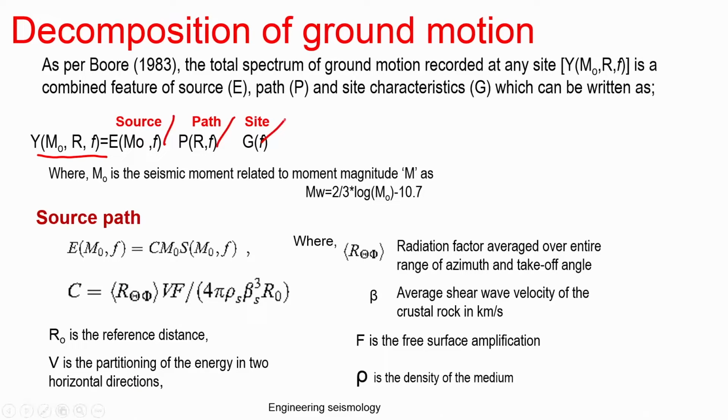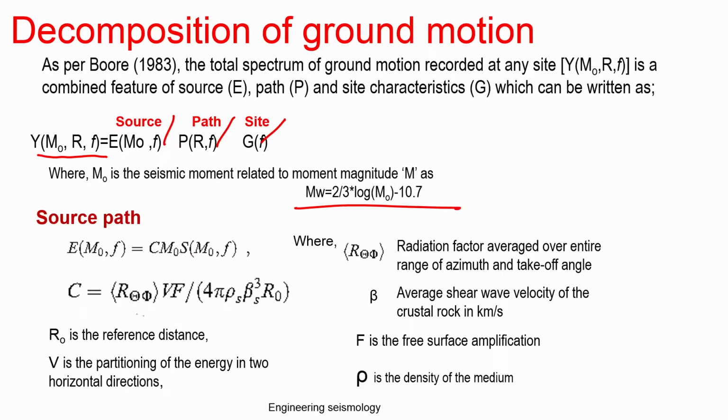As we have seen, the source is controlled by the seismic moment and frequency. M naught is the seismic moment, which is directly related to the magnitude of the earthquake. So, the source effect, the energy at the source, is a function of seismic moment: S of f equals C M naught times M of f.